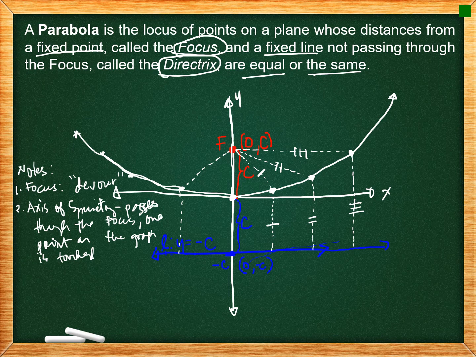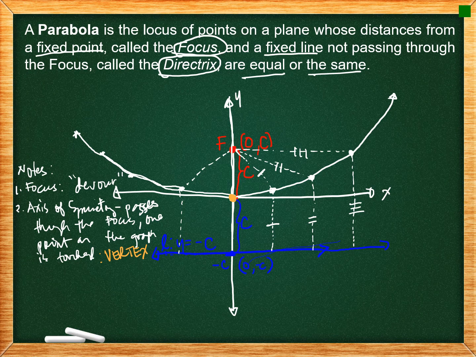That particular point, the point on the parabola where the axis of symmetry passes through, we call the vertex of the parabola. So the vertex is the turning point of the graph.